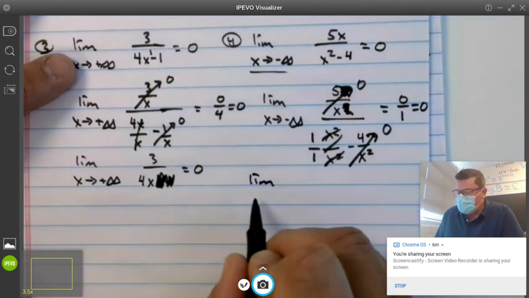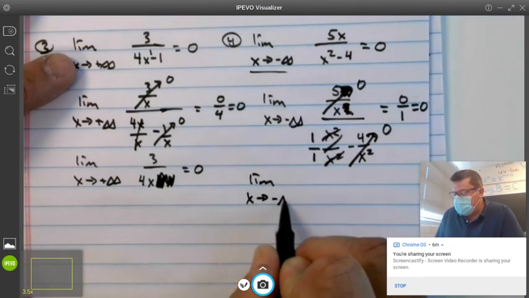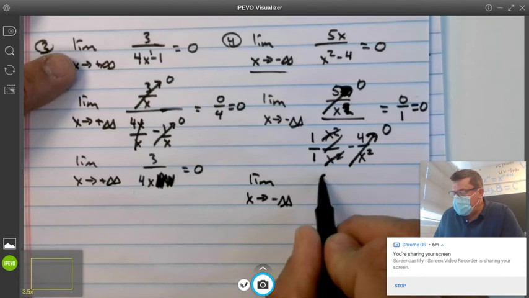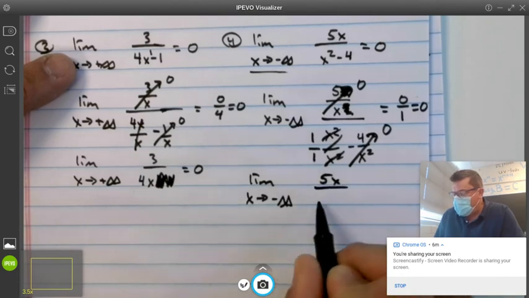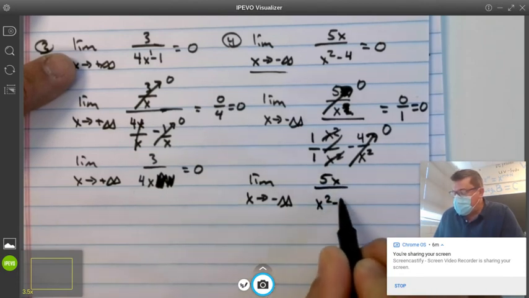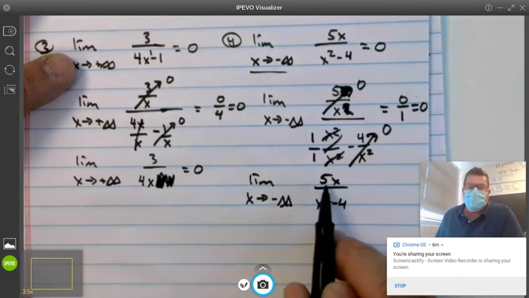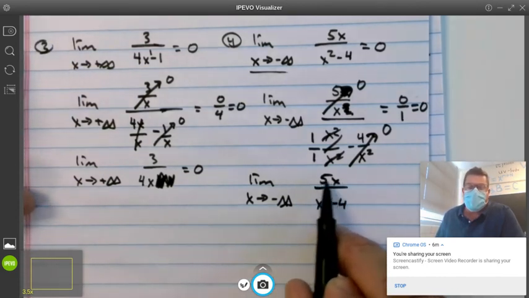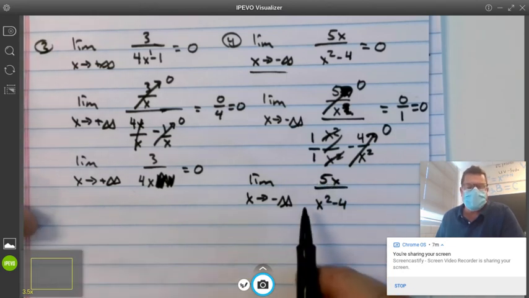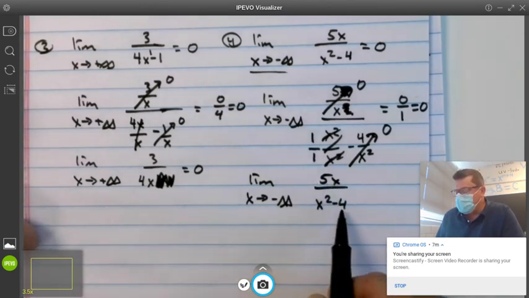The limit as x approaches negative infinity of 5x over x squared minus 4. The top individually as a polynomial only behaves like 5x. The bottom polynomial only behaves like x squared.